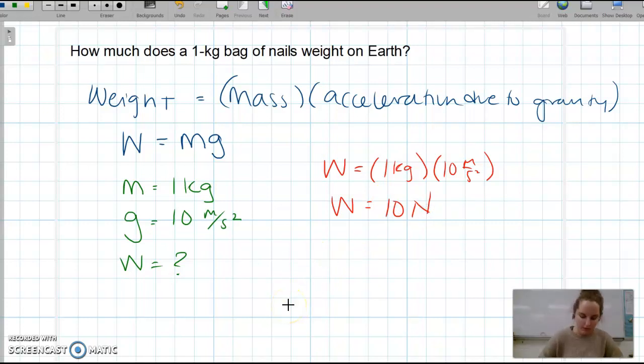Okay, and that's all because, when you take your mass, which is in kilograms, and your acceleration, which is in meters per second squared, you get kilogram meters per second squared, which is newtons. All right, so to find the weight of a 1 kilogram bag of nails on Earth, you would take W equals mg, and you get W equals 10 newtons there.